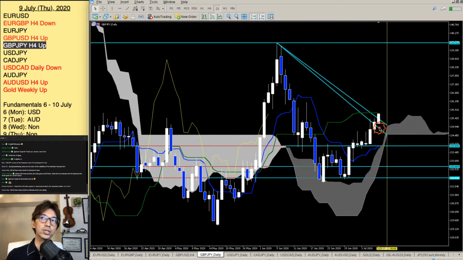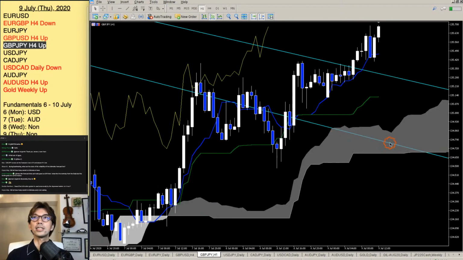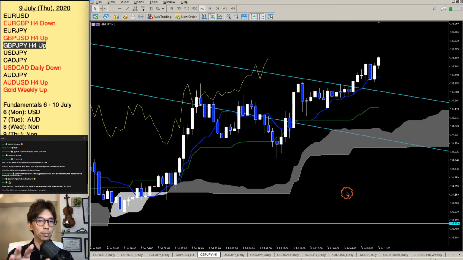I want to see how the price was moving in between the forecast lines in this particular case. If you look at the daily chart, you never know how the price was moving going through the forecast lines. But if you look at the 1 hour chart, you see the more detailed price action here.